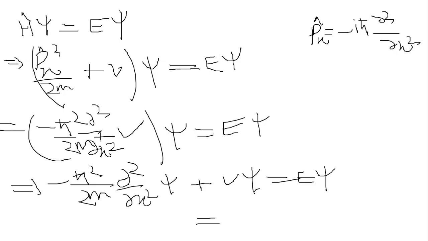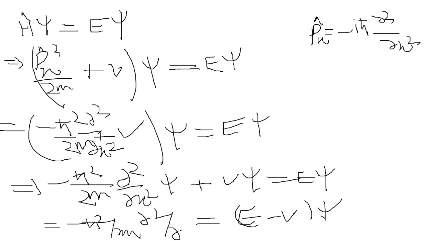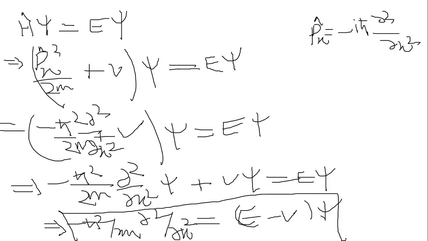When we take V to that side, it will be E minus V psi equals to minus h cross square by 2m del square by del x square psi. This is one form of the Schrodinger equation. If we take 2m by h cross square to that side, what will be the form?